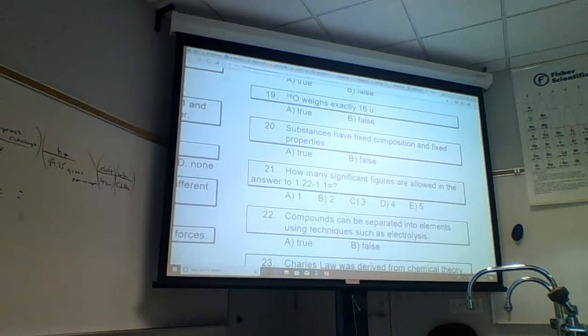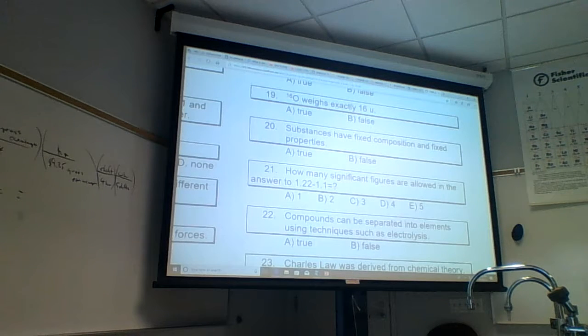What's the definition of a substance? What's the difference between a substance and a mixture? Substances have fixed composition, like water. Water is a substance. Does water have variable properties or fixed properties?